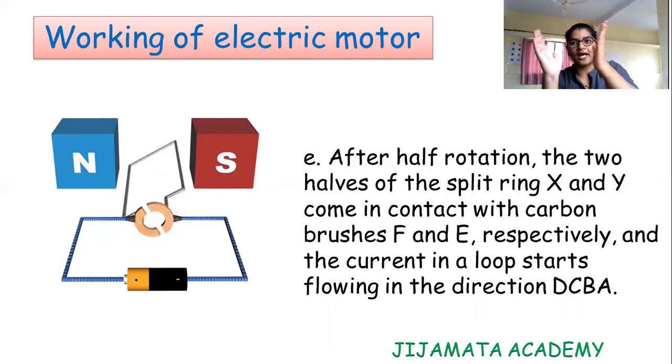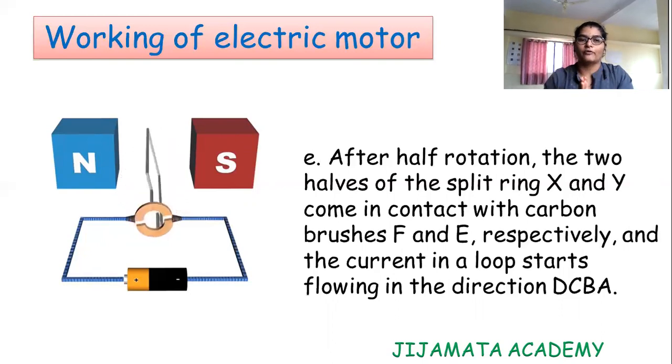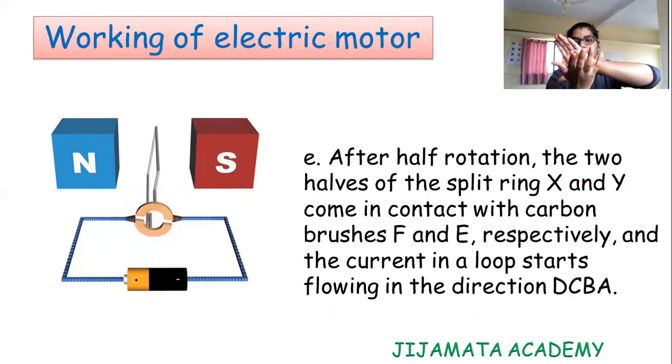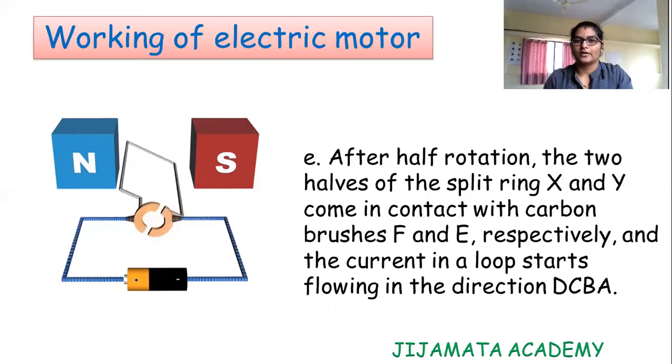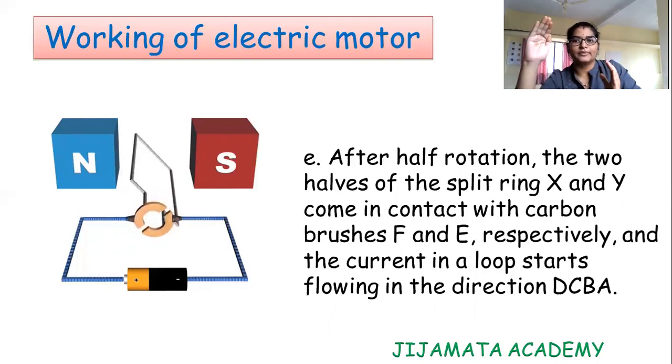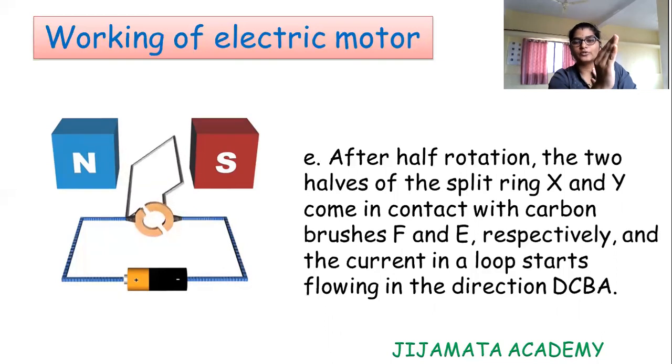But after half rotation, due to force exerted on the conductor, this loop has completed half rotation, and the X split ring has come to F, and the Y split ring has come to the E carbon brush.